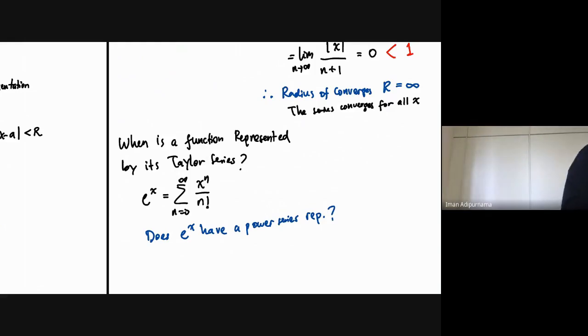from what we've done before, we have the function e to the x, and we are trying to find the Maclaurin series, and we find the radius of convergence. But the question really is, how can we determine that e to the x does have the power series?